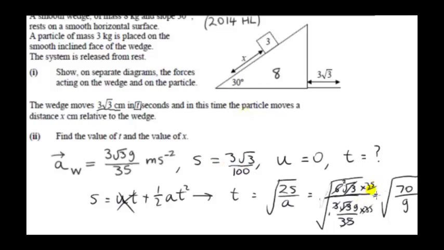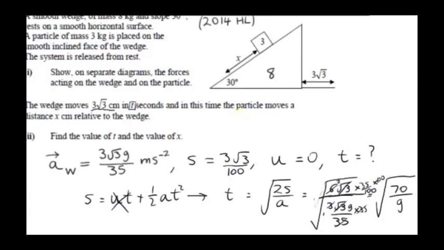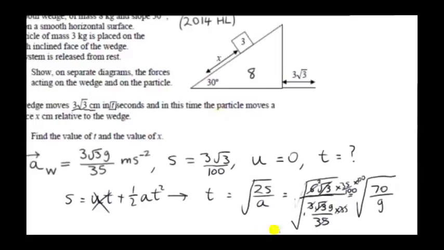So everything on top is divided by 100, so we could multiply above and below by 100. So we're going to get 100 g underneath. Okay, so I'm multiplying above and below by 100 to cancel the 100 in the denominator on top.